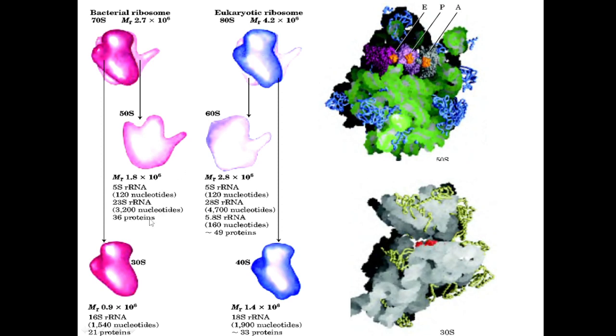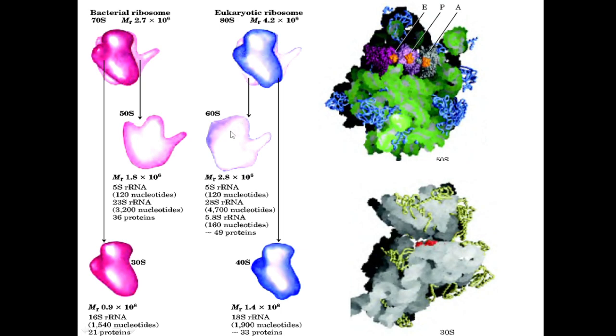Now you can see the 70S ribosome consists of 23S ribosomal RNA and 16S ribosomal RNA as main components plus 5S ribosomal RNA, and 36 proteins associated with the big subunit and 21 proteins associated with the small subunit.